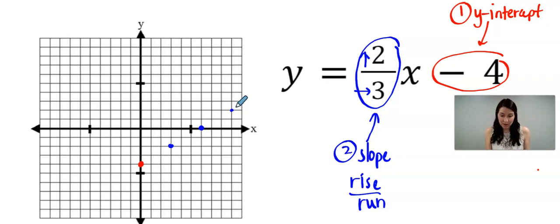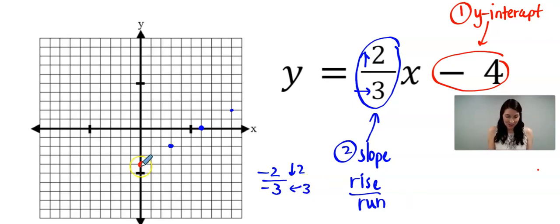Well, if I made both of them negative, such as -2 over -3, that would also simplify to +2/3. So what this means is I'm going to go down 2 and left 3, and that should also keep me on the line. So I'm going to go from the y-intercept at -4 down 2 and left 3, and I'm going to do just a few more. And now I can connect those points to form my line.